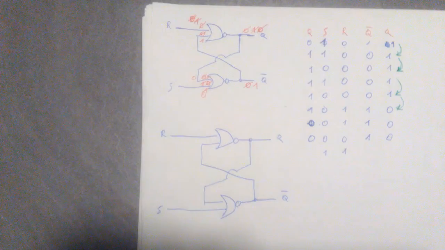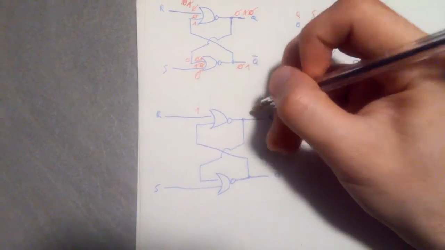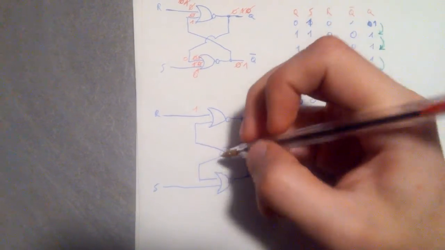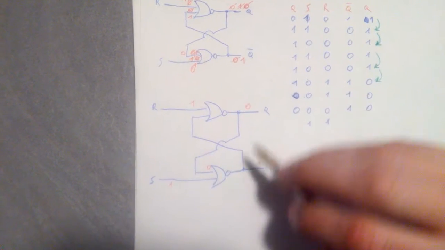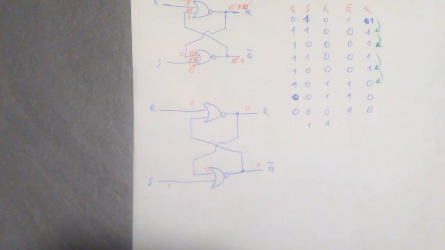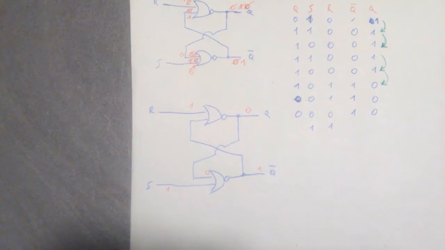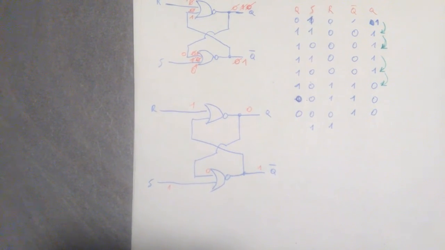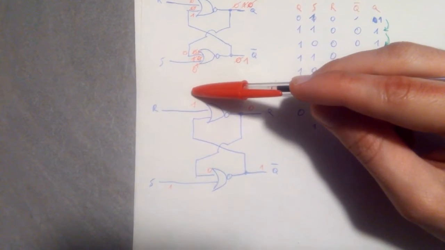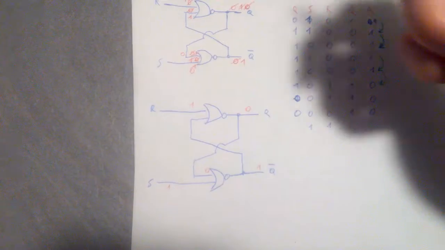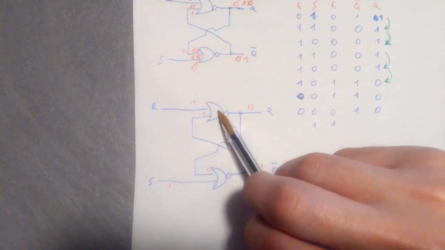Okay, so let's suppose that we are with 1, 0, 0, 1, 1. We were in these states, right? So what's now going to happen is that if we have 1 and we had 1 here, then it's going to be 1 NOR naught.